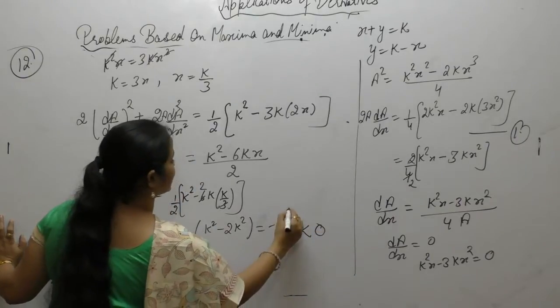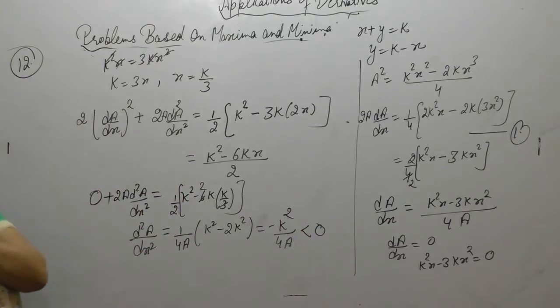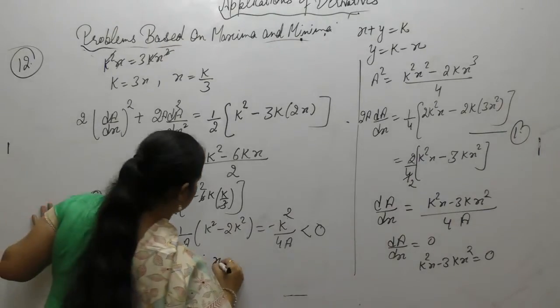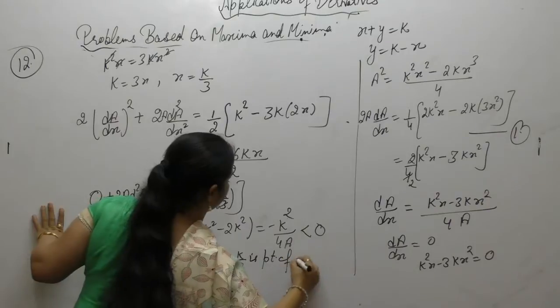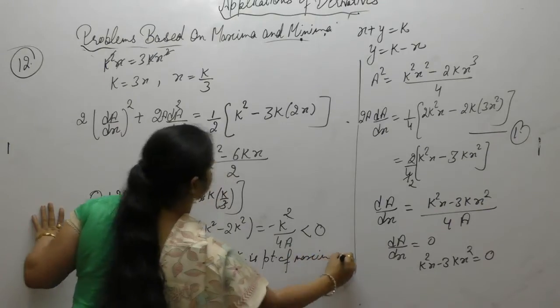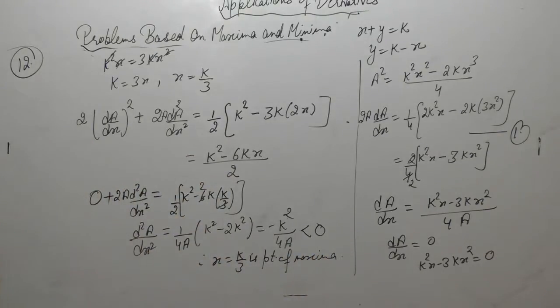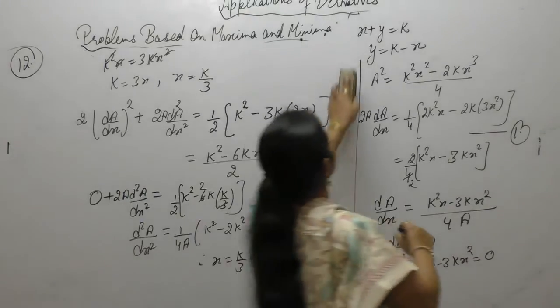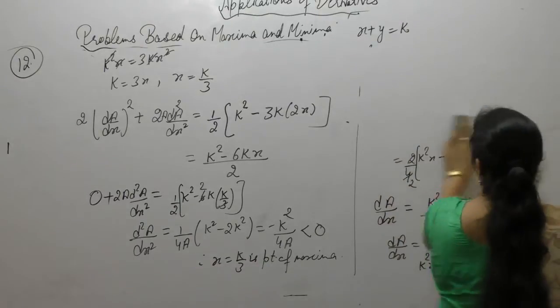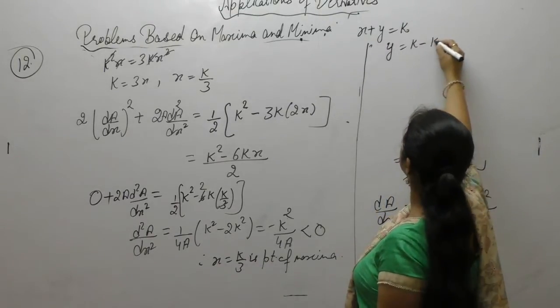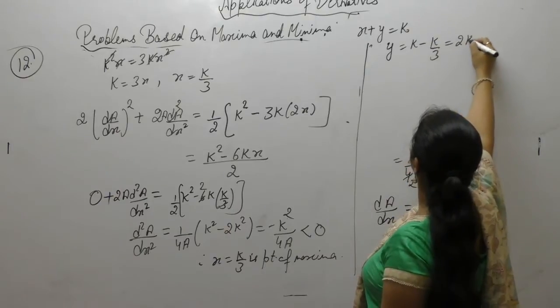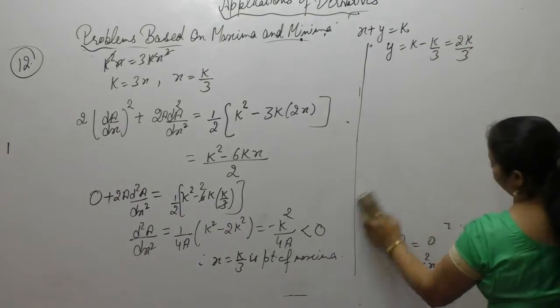The term is less than 0. It means x equal to k by 3 is a point of maxima. x plus y is equal to k. So we get y as k minus x, k minus k by 3, 2k by 3.